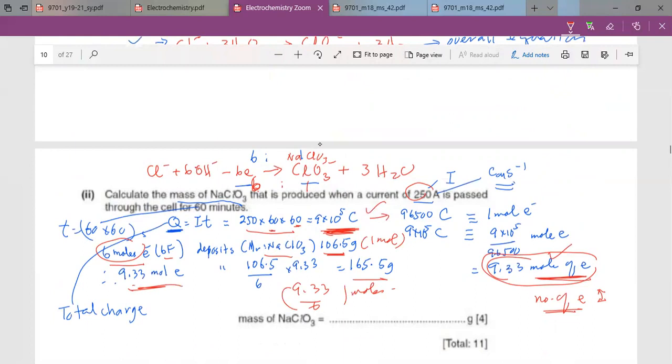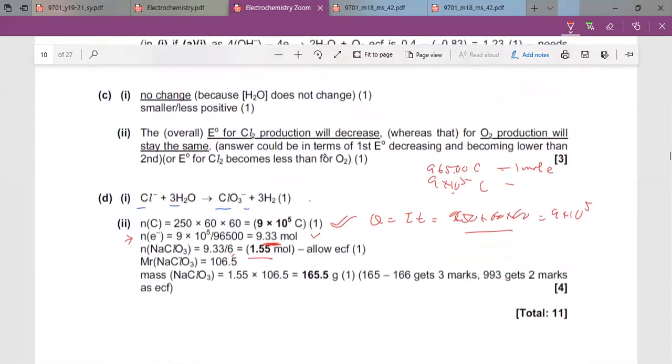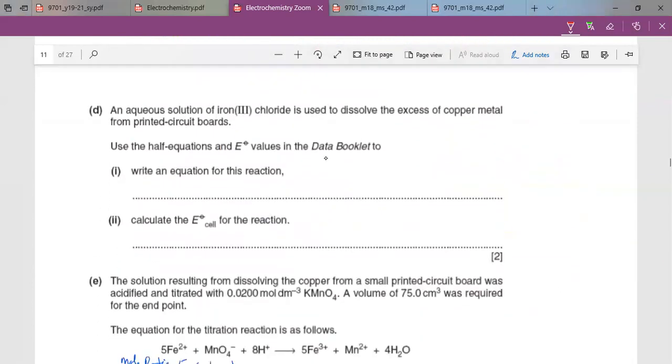I put straight away in mass. So 9.33 over 6 gets 1 mark, and you times this by Mr, 1 mark. So total 4 marks. Easy, isn't it? Okay, let's go to the next one.